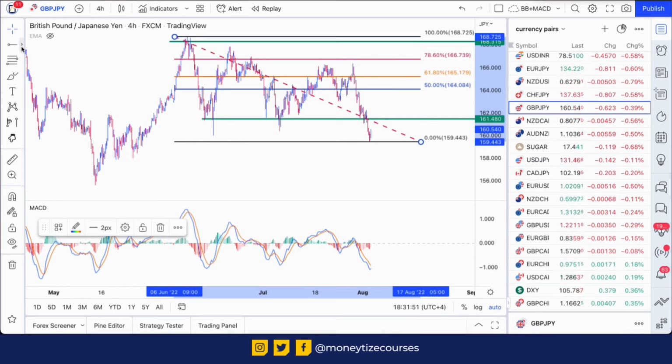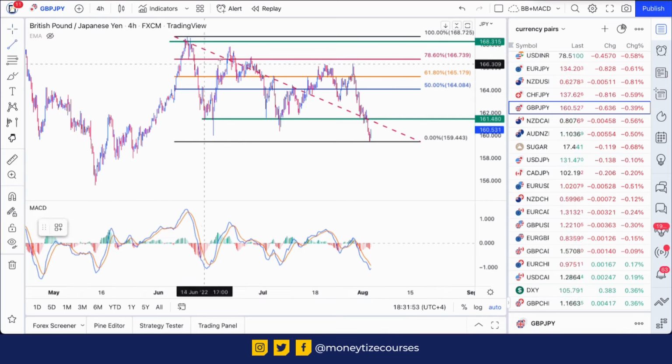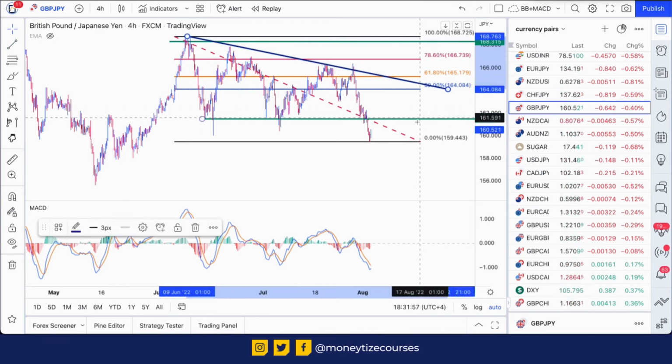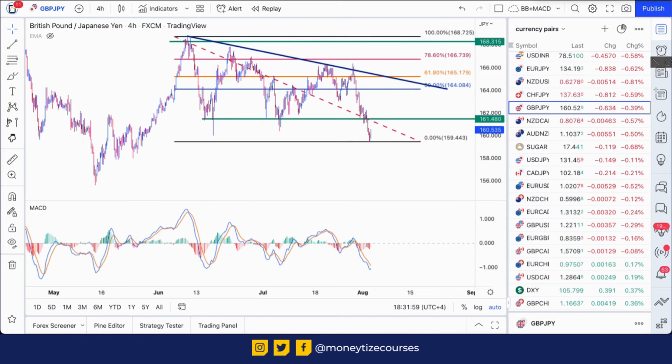We can also mark a falling trend line for our reference, starting from this swing high. So it may help us to get the second confirmation. So it may touch the falling trend line, it may break above to make a false breakout and then continue lower.